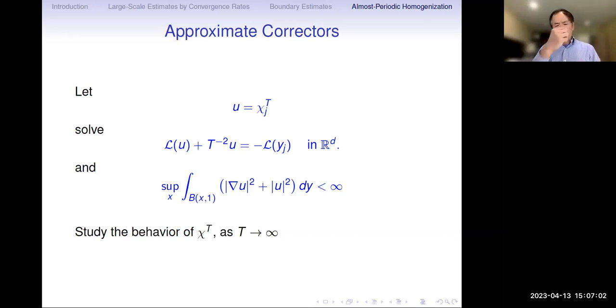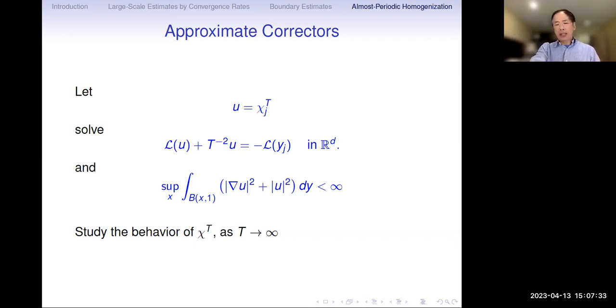The idea is also straightforward. You want to solve an equation in the whole space, but this quadratic form is not coercive because the domain is unbounded. So what you do is introduce a zero order term so that the bilinear form is coercive on H1. So you can apply the Lax-Milgram theorem.